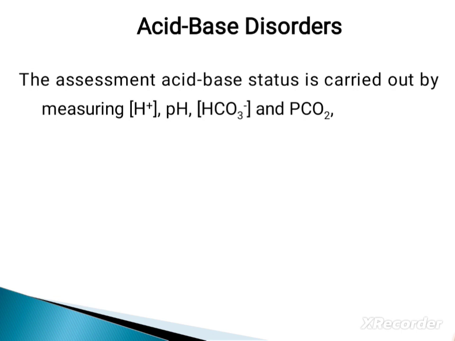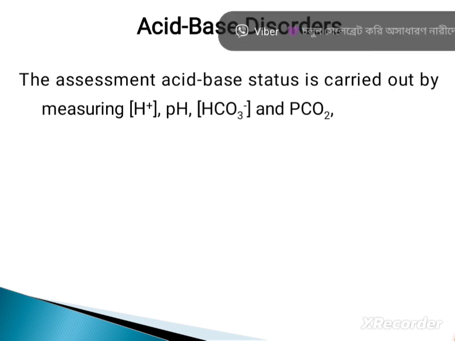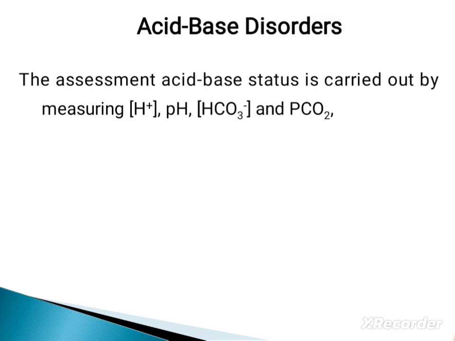So any primary defect in bicarbonate always gives a metabolic derangement. On the other hand, partial pressure carbon dioxide is always related with the respiratory system, and any primary defect of partial pressure of carbon dioxide always means respiratory derangement in acid-base disorder.